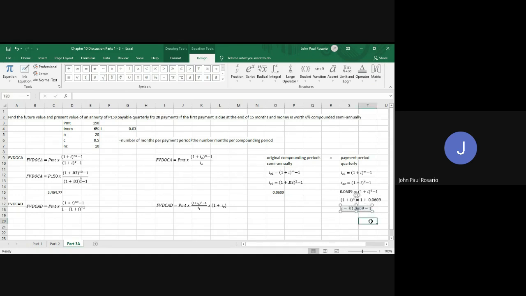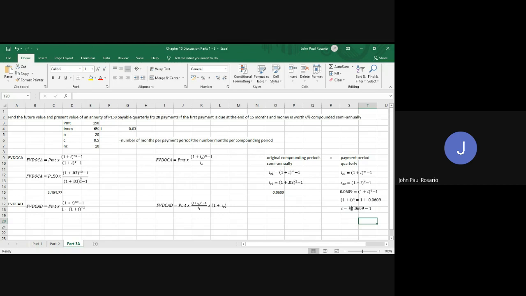Because after we transfer the 4 here and it becomes a radical sign, we then transfer our positive 1 to the other side, which now gives us -1. So we should get 1.0609 raised to the power of 1 over 4, and then we deduct 1.